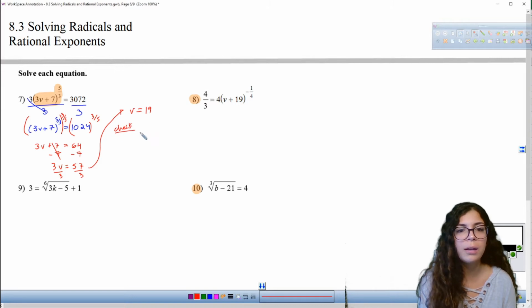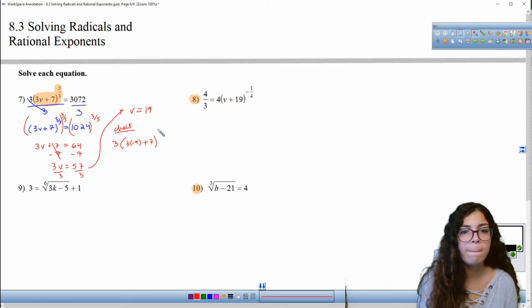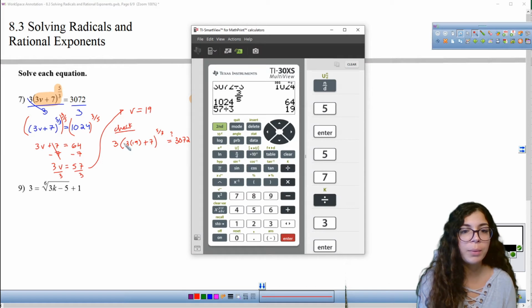So let's check. So 3 times (3 times v plus 7) to the power of 5/3. Does that equal 3072? I don't know. Let's see. Remember, whenever you're doing parentheses, you work from the inside out, right?